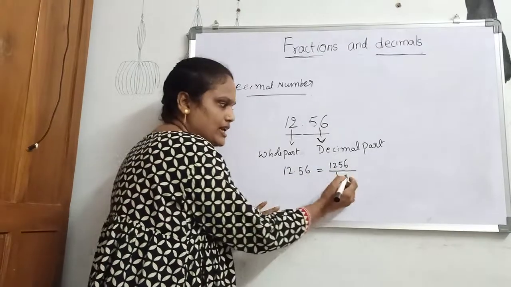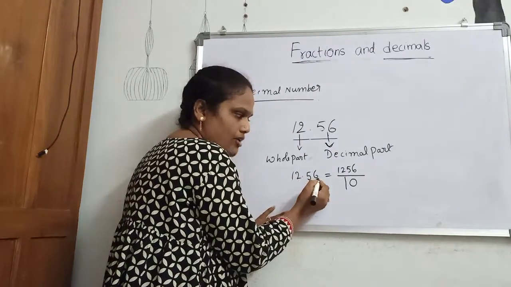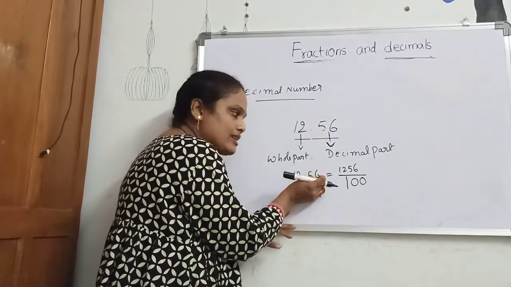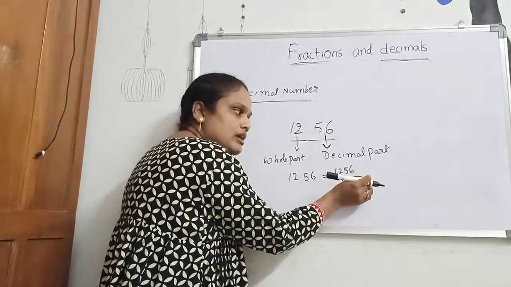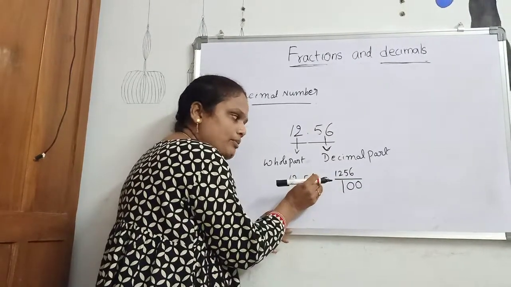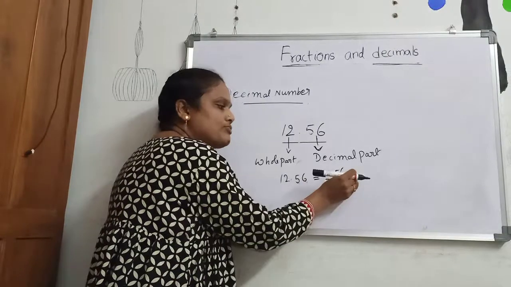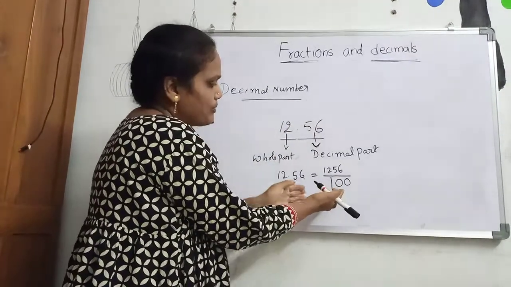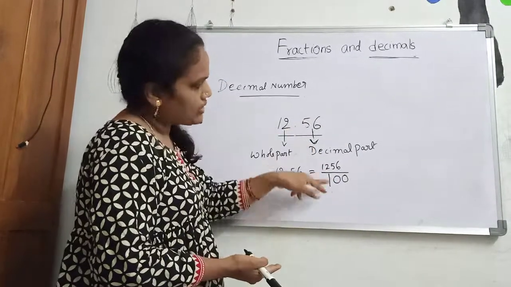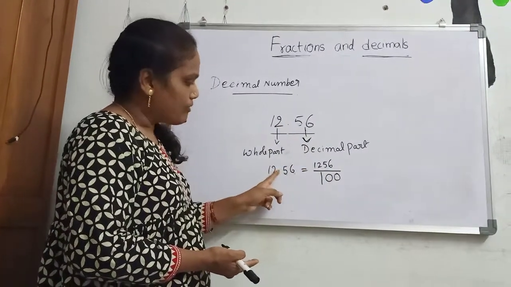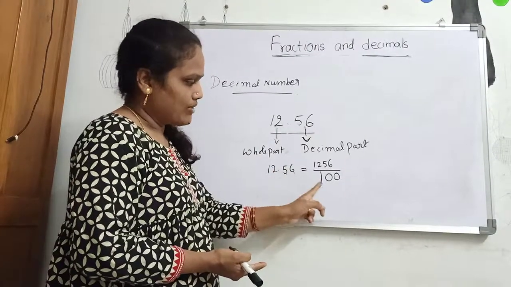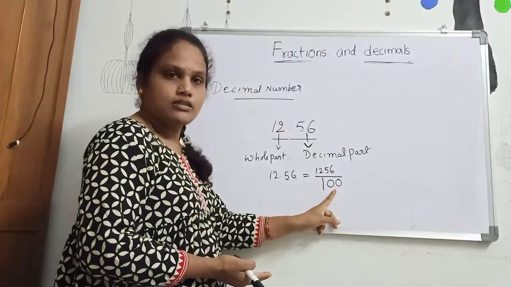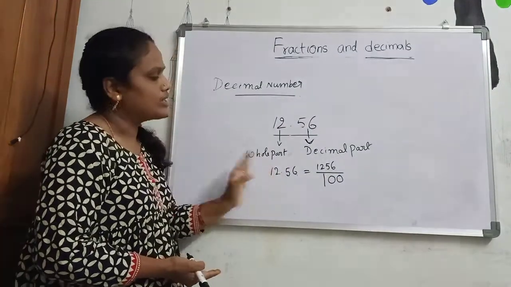Here there are two numbers, so we put 2 zeros. If 3 numbers are after the point, put one more zero. If 4 numbers, then 4 zeros. So this is how to convert into a decimal fraction.